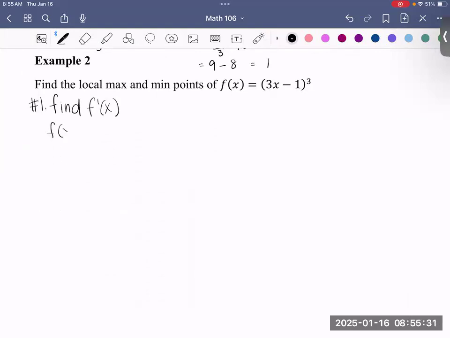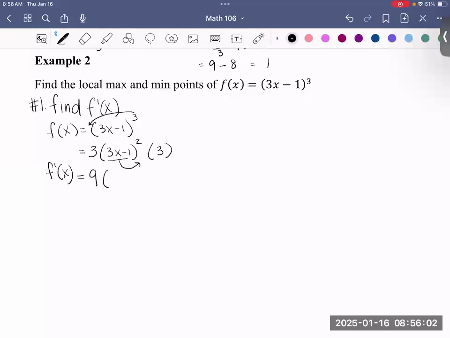So if we have your function (3x minus 1) cubed, right? We are using your power rule or your chain rule, right? So we first use the power. So we go down here, (3x minus 1) squared. And then we get to take the derivative of the inside, which is just 3. So all in all, our first derivative is 9 times (3x minus 1) squared.